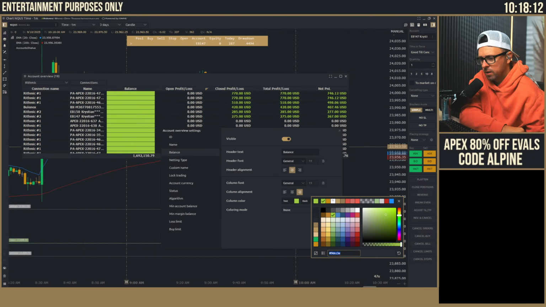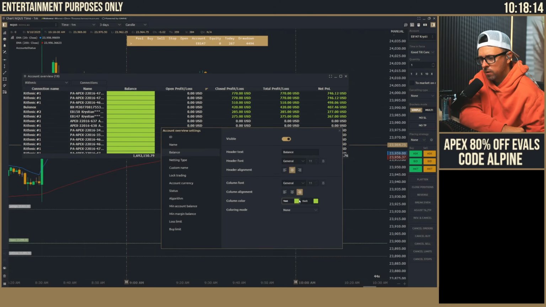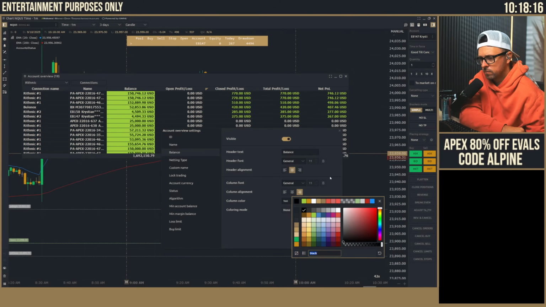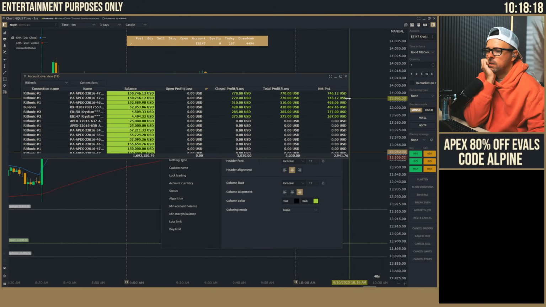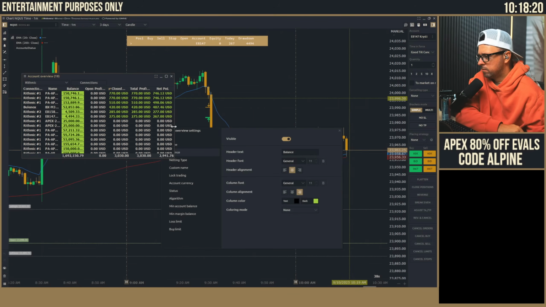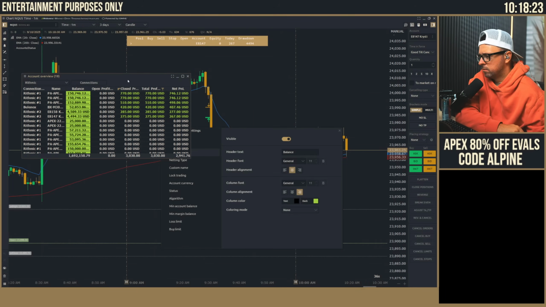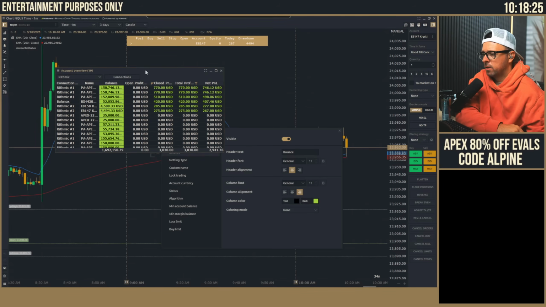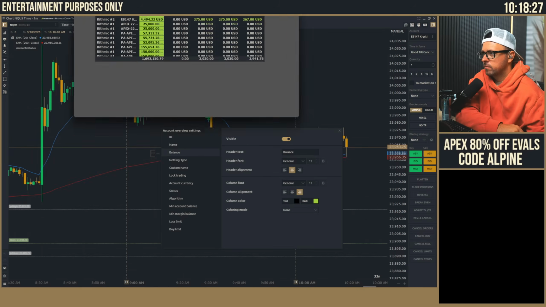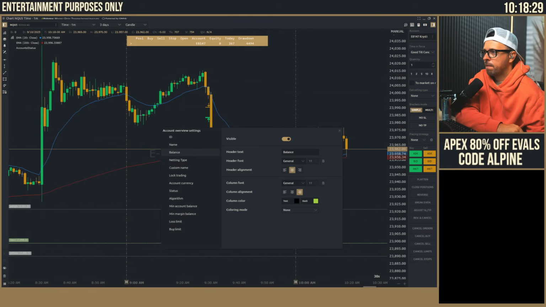Okay, so I could make it look like I had it before. All right, so this is not bad. But we'll see what the other one looks like. I guess QUANTOWER is pretty good with that.